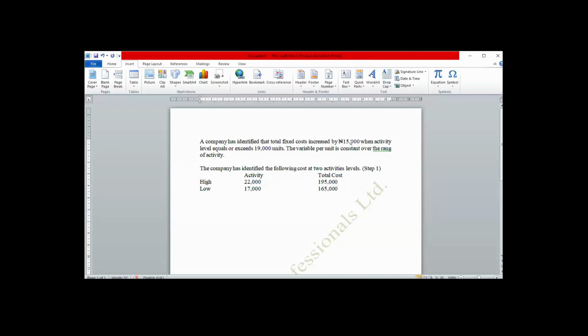What will you now do to know the things to be done here? Our high is specified, 22,000. Our low is 17. What can we do to make sure that we are on the same page?